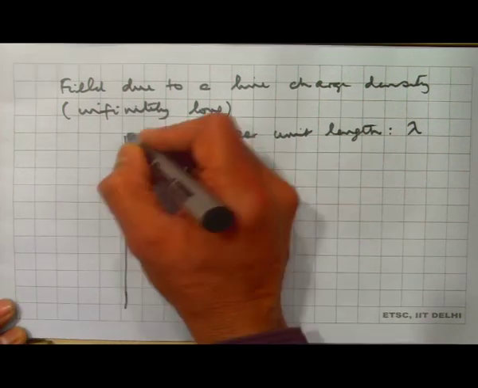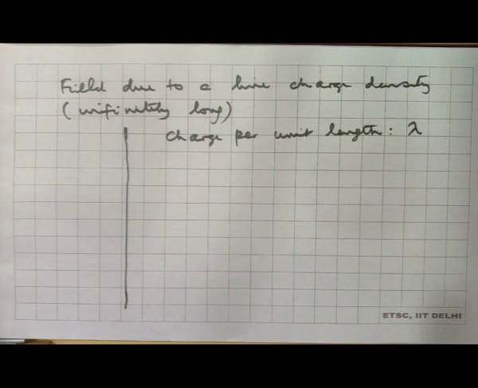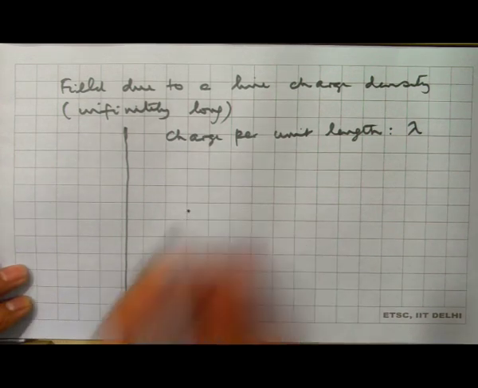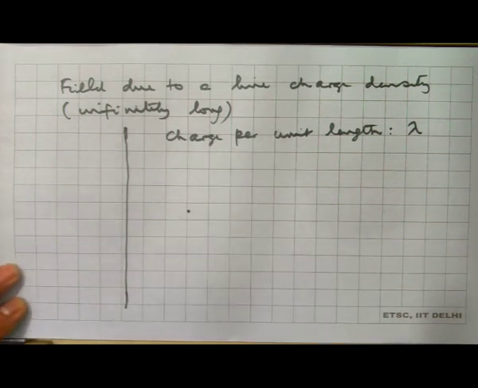Now, I am considering an infinitely long line charge. Obviously, an infinite line charge does not exist, but if you are very close to a very long line charge distribution, it will behave as if it was infinitely long.